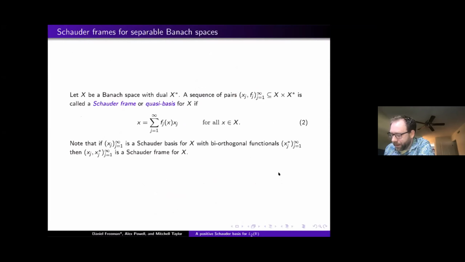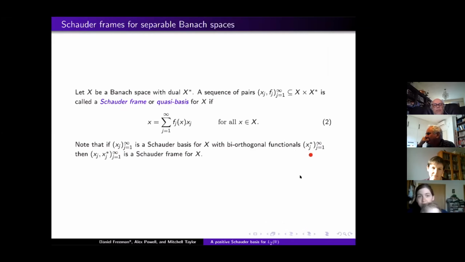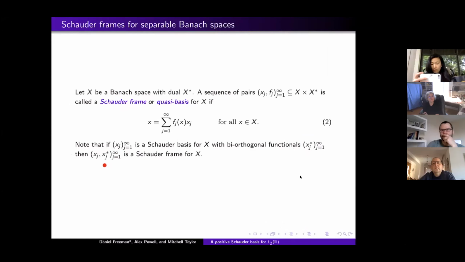And then we call this sequence of pairs a Schauder frame, or a quasi-basis, if this linear reconstruction formula holds for every x in the Banach space. A Schauder frame is a generalization of a Schauder basis, because if you have any Schauder basis, you can pick biorthogonal functionals, and then the pair of your Schauder basis with the biorthogonal functionals is a Schauder frame.